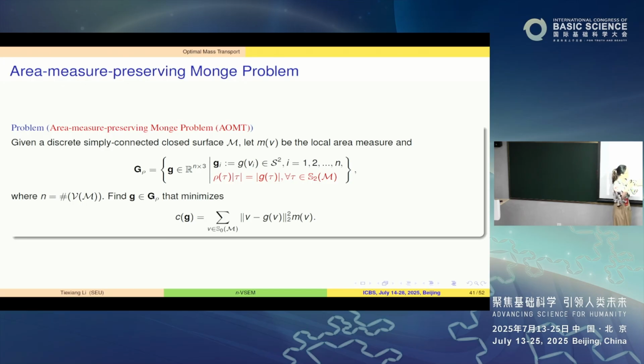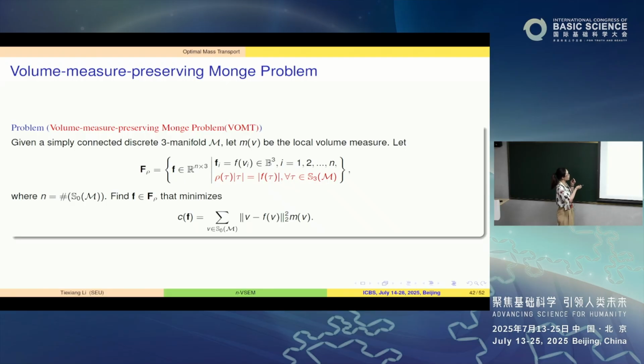The cost is defined by the Wasserstein distance. So we call this problem AOMT. This is for the surface case. For the volume measure preserving Monge problem, we have a different mass preserving condition, and F should map M to a 3D ball. We hope to find an F to minimize this cost, and here it is still the Wasserstein distance.